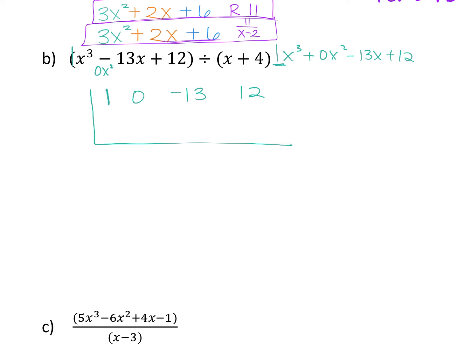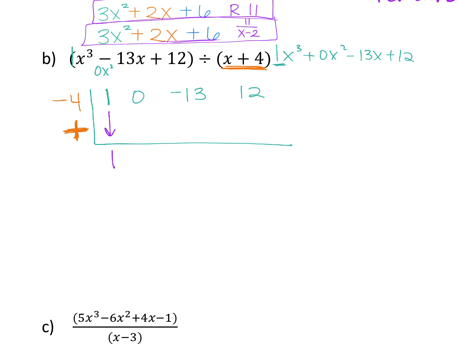Okay, what do we put out in front here? A negative 4. You put the opposite of what you see in your binomial. So if it's x plus 4, we're going to call that a negative 4. Do you add or subtract with these? Add. Every single time you will add. Okay, so what's your first step? Drop the 1 down. So 1's going to go here. What do you do next?